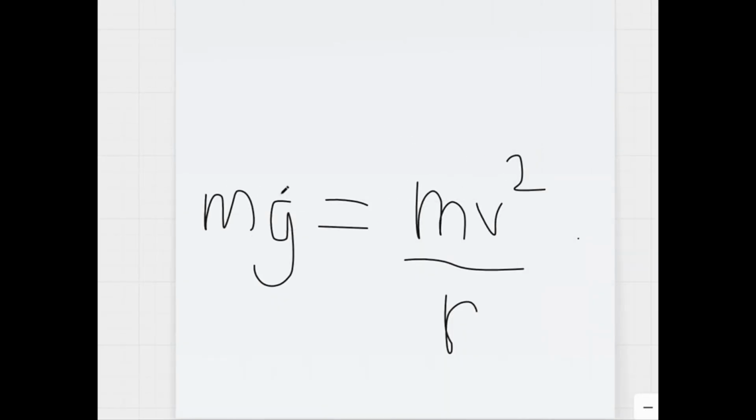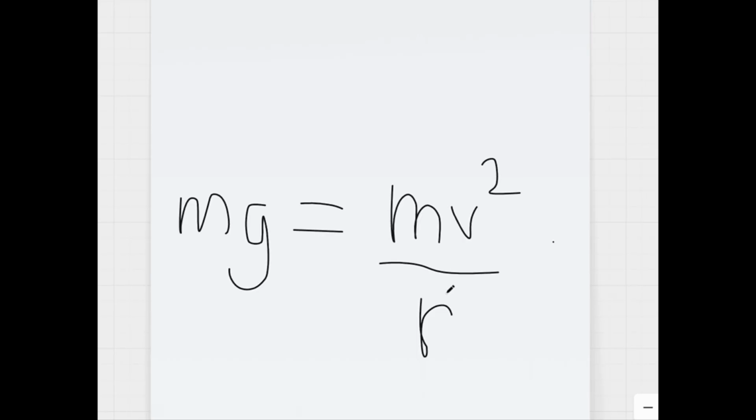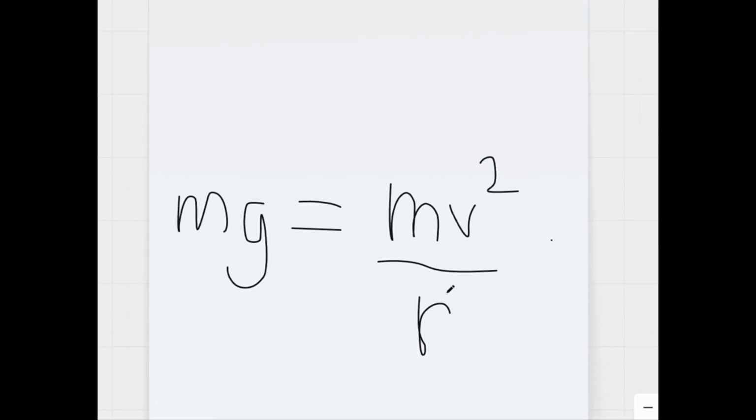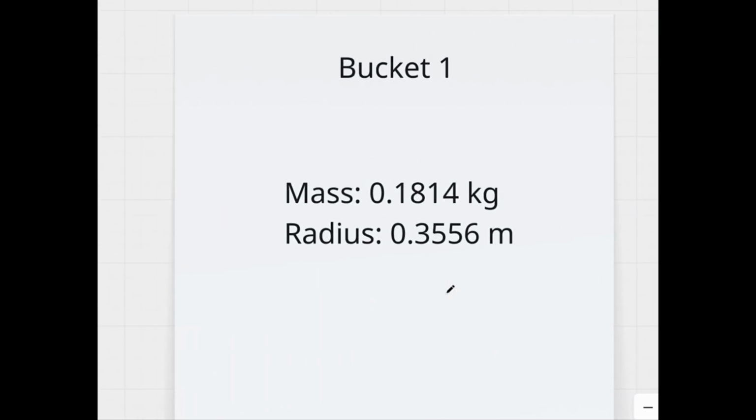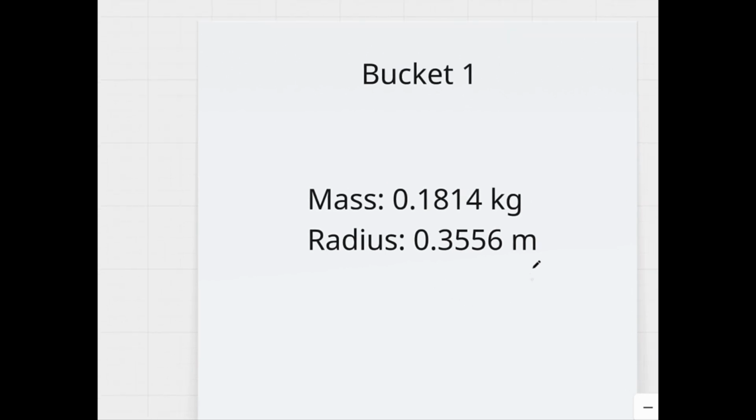So to begin with, we're going to use this equation, which is given to us: m times g equals m times v squared over r, where m is equal to the mass of the bucket and water, g is gravity, 9.8, v is the velocity, and r is the radius of the circular path that the bucket travels on. And then we're going to take all the information we have for our buckets.